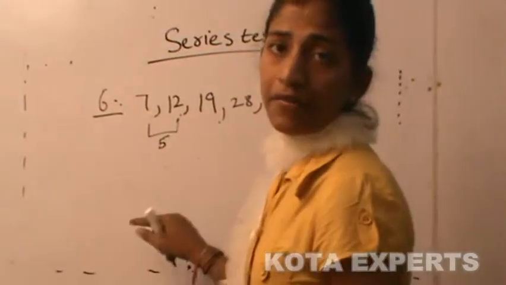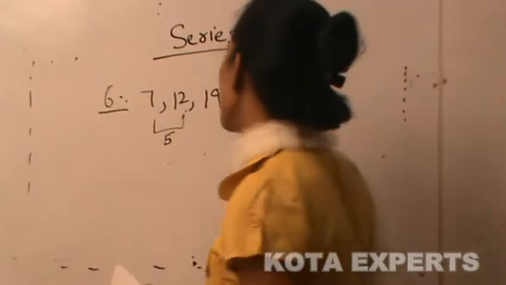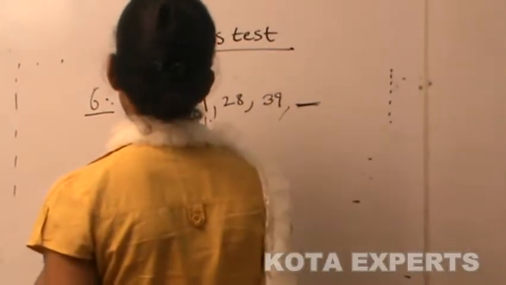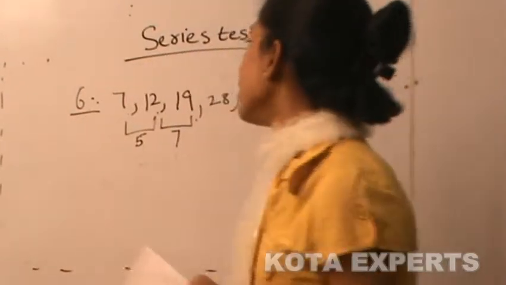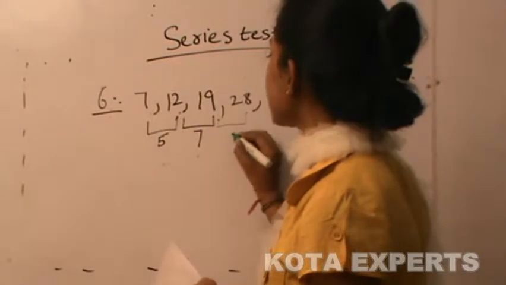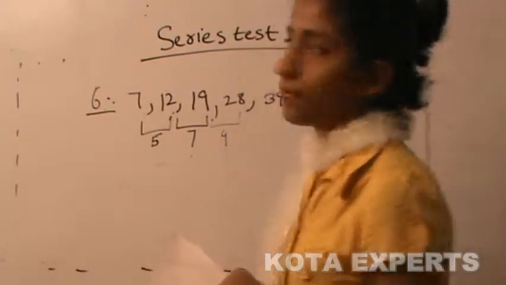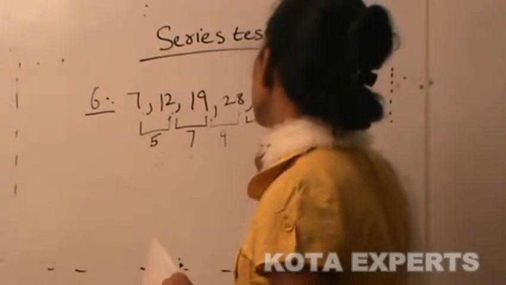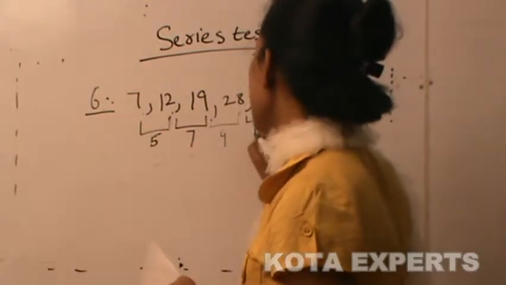12 and 19, the difference is 7. 19 and 28, the difference is 9. 28 and 39, the difference is 11.